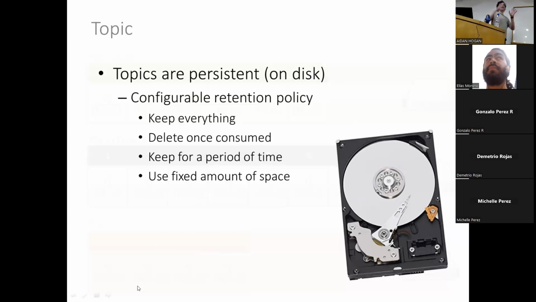So we can say, okay, let's keep all of the messages for the past 24 hours, and as we receive new messages, we remove the messages older than 24 hours automatically. So this is a sort of window-based operator. Or we can use a fixed amount of space. We can say, okay, I'm going to keep 1 gigabyte for this topic. If it goes beyond 1 gigabyte, start deleting the older messages as we proceed.